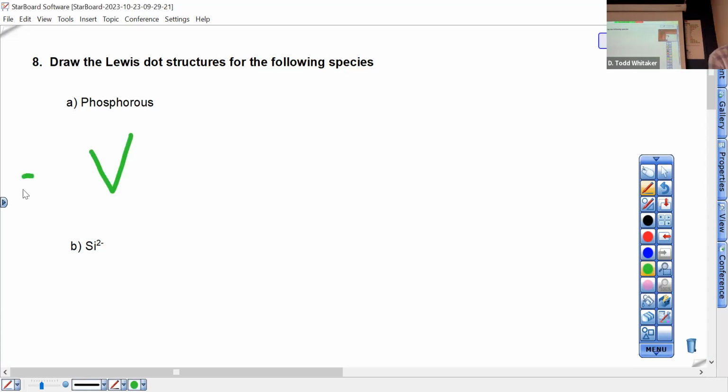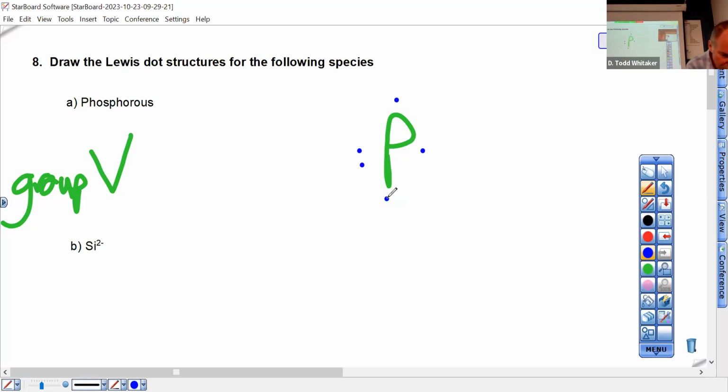Group 5. All group 5 elements the same. 2 there, 1, 1, 1. We did the Lewis structure on the previous page, no? Twice. And it won 2s, 3s2, 3p3. Correct?